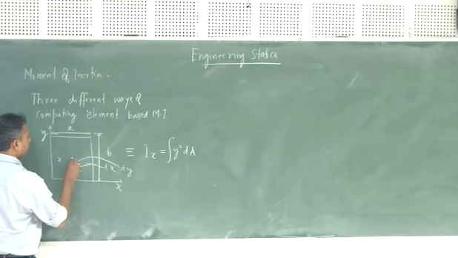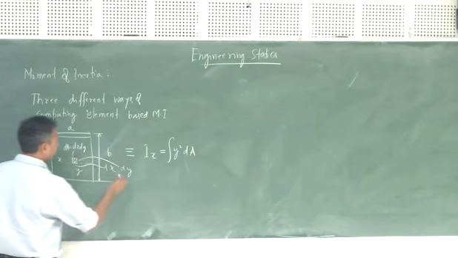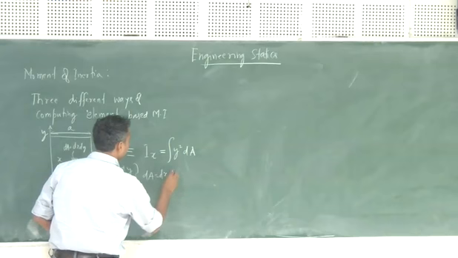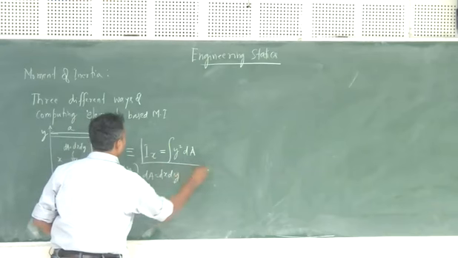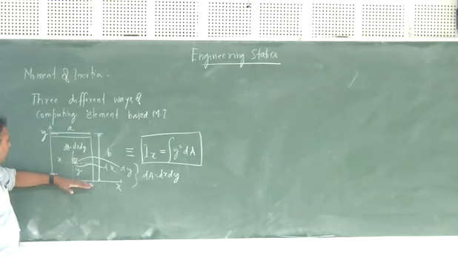So this dA is nothing but dx into dy, and this is what we use about x to find the moment of inertia.